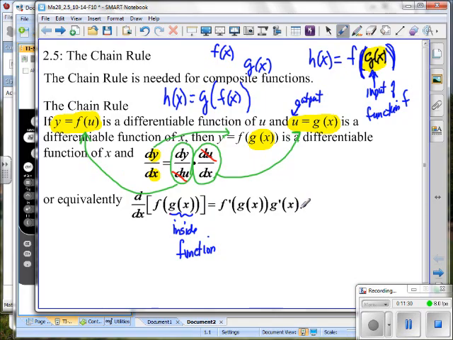Now over here, look at this piece right here. What does this say? Now what's that prime mark mean? Derivative of, so this is the derivative of the inside function.